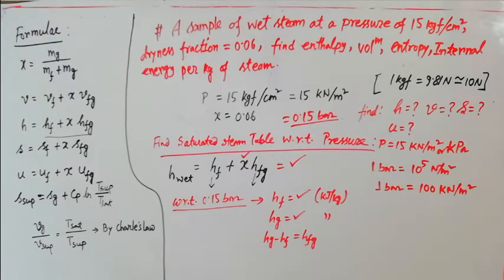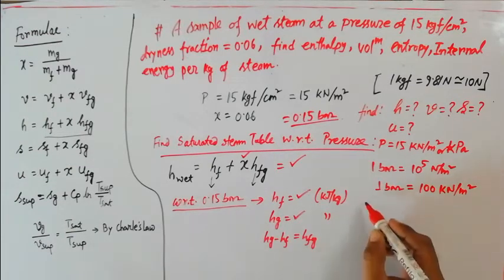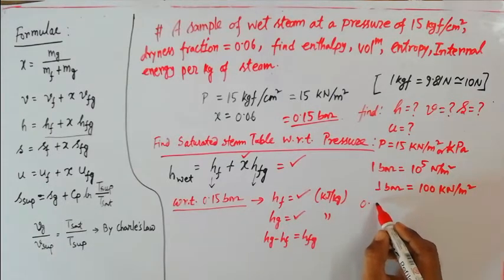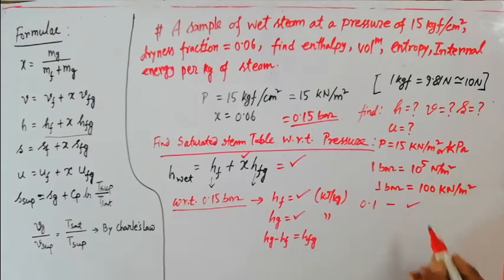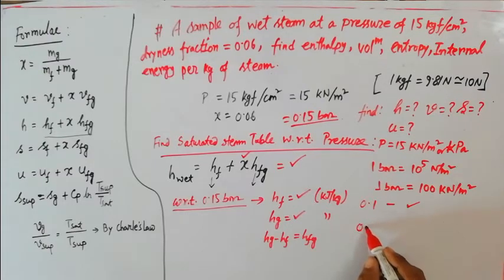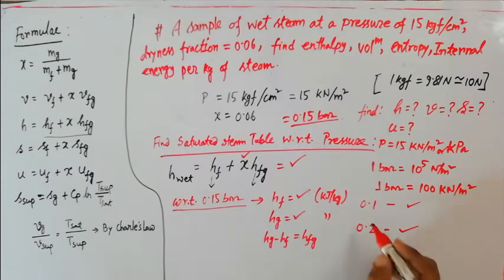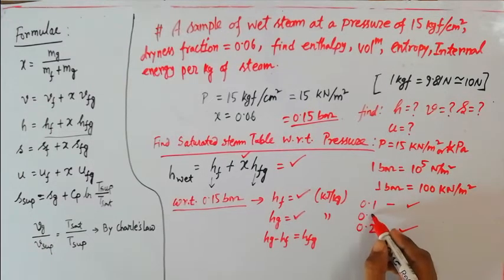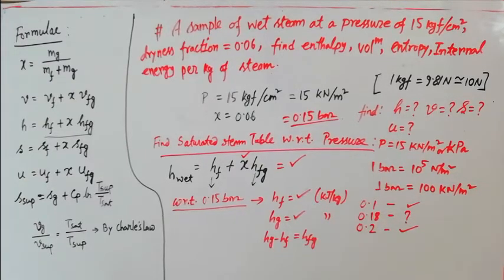If in your steam table, suppose 0.1 is given with its enthalpy values and 0.2 is given with its values, then 0.15 will be the simple average. But suppose you are trying to find the values at 0.17 or 0.18, then we have to do some interpolation.